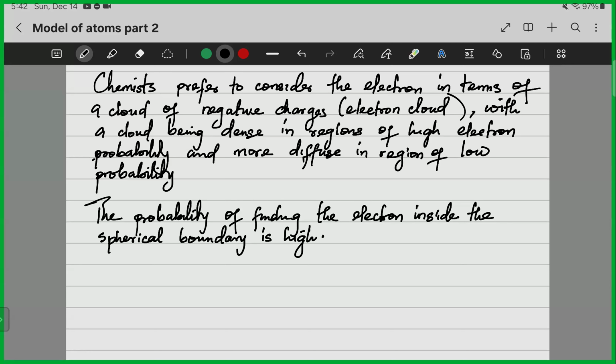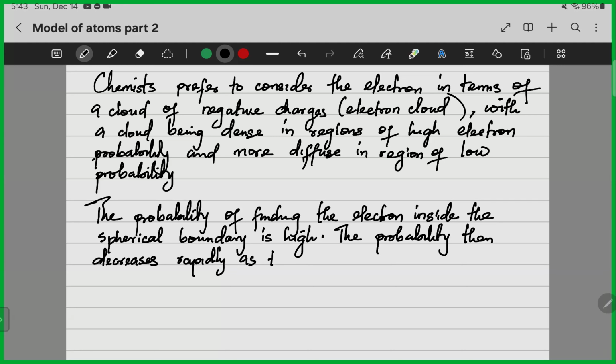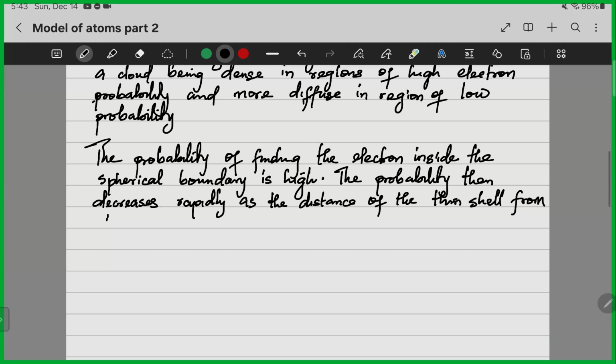The probability then decreases rapidly as the distance of the thin shell from the nucleus increases.